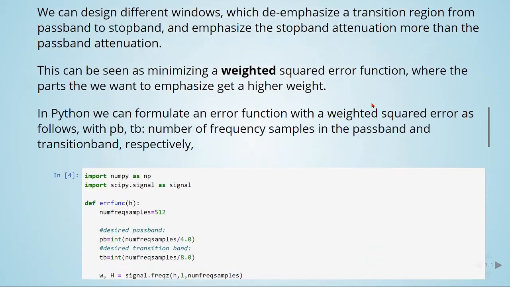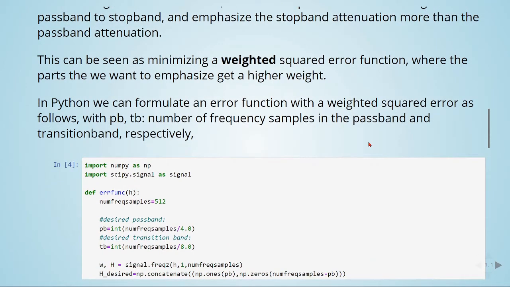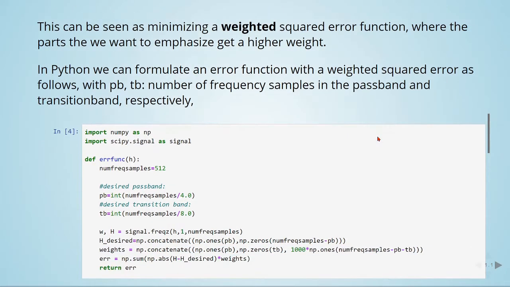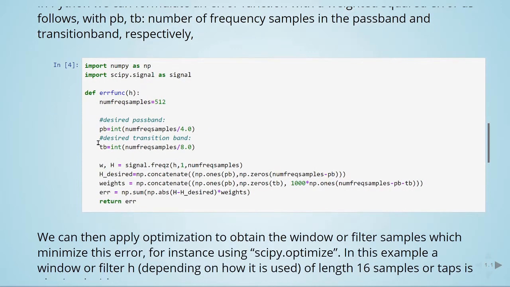We can formulate an error function with a weighted squared error as follows. Here PB and TB are the number of frequency samples in the pass band and the transition band respectively. So here we are defining our error function. In this case we are using 512 frequency samples.